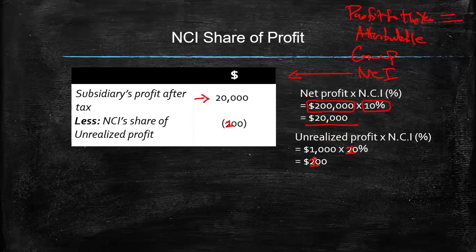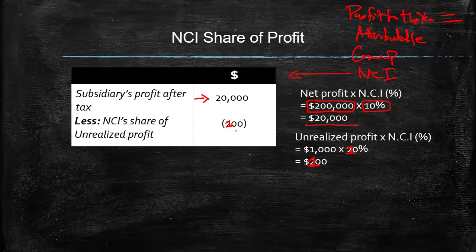And for that, we will take the unrealized profit amount. We will apply NCI's percentage to that, 10%, and that will give us NCI's share of the unrealized profit amount. And we will then subtract this amount, because remember, unrealized profit increases your cost of sales. So the effect on profit will be a decrease in the profit amount due to unrealized profit.